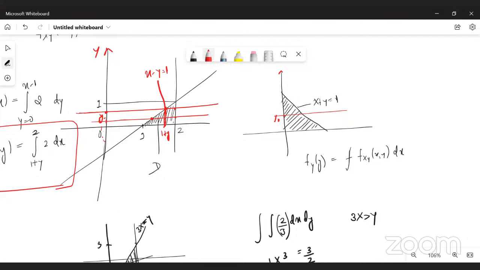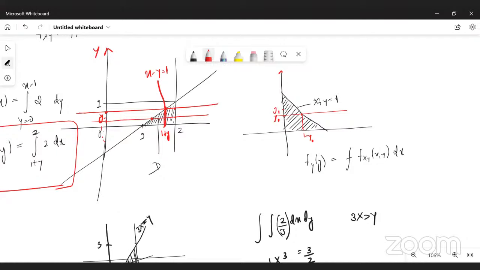So what should be the lower limit here? It is 0. Now what should be the upper limit? What is this point? 1 minus y. This is basically 1 minus y naught because I fixed y naught. Now let's fix some other y1.